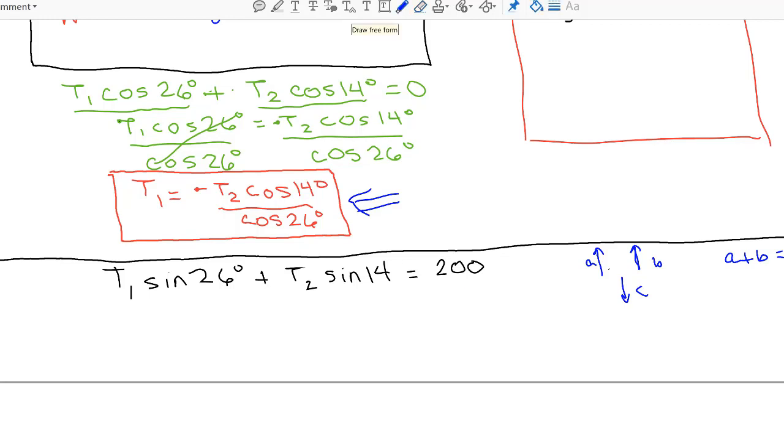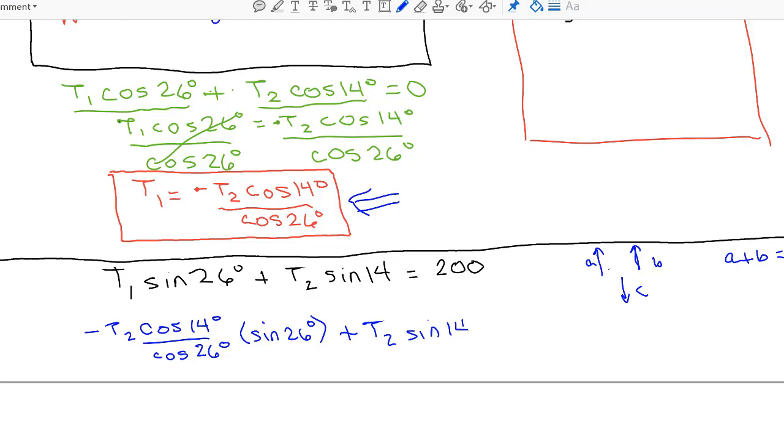We know what T1 is in terms of T2, so I can substitute. So I have T2 times the cosine of 14 degrees divided by the cosine of 26 degrees. That's T1 times the sine of 26 degrees plus T2 times the sine of 14 degrees equals 200.